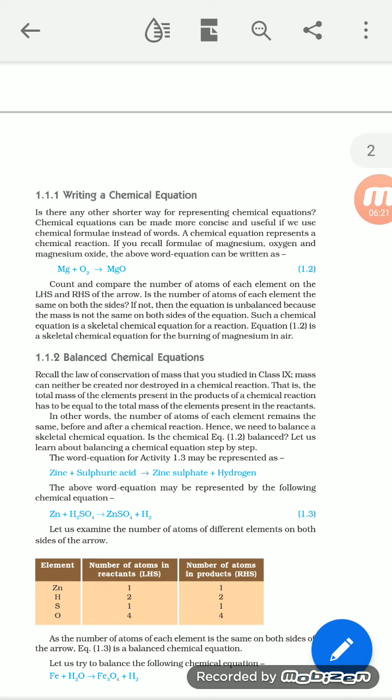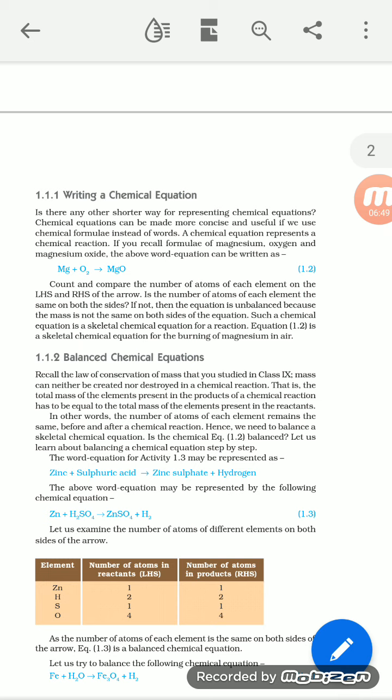So both sides are not balanced, because the masses are different. Such a chemical equation is a skeletal chemical equation for a reaction. This is called skeletal, where it is unbalanced. So equation 1.2, magnesium plus oxygen, is a skeletal chemical equation for the burning of magnesium in air.